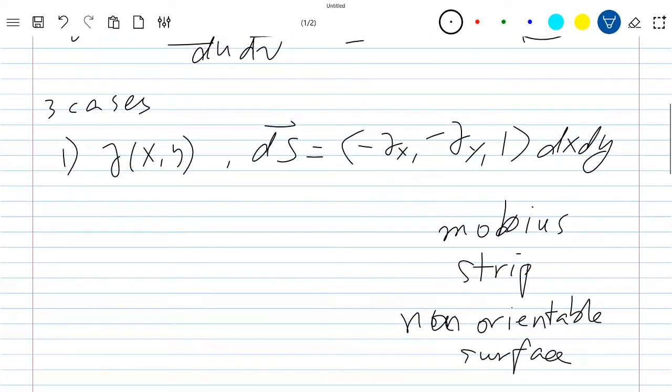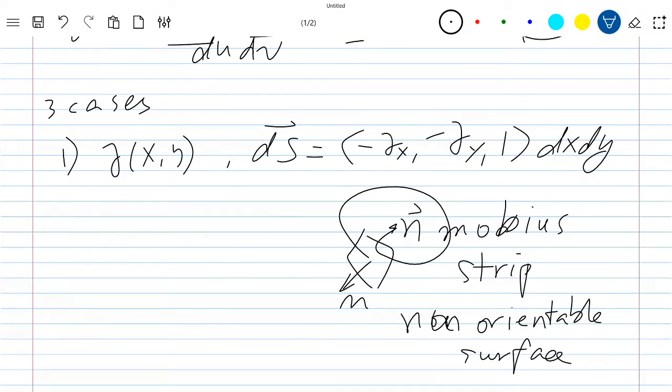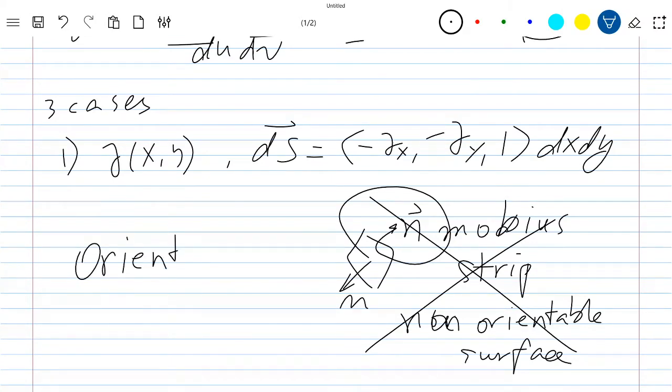If you move along this band, you will see first you choose this to be n, then somehow you move along the surface, and in the end you will get n in the opposite direction. So we won't consider that. We will only consider surfaces that are orientable.